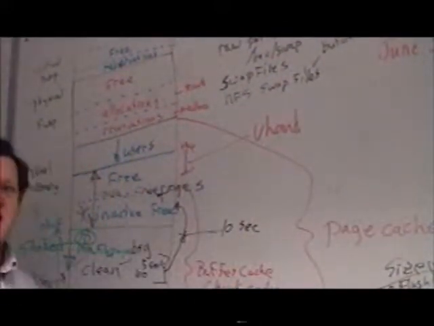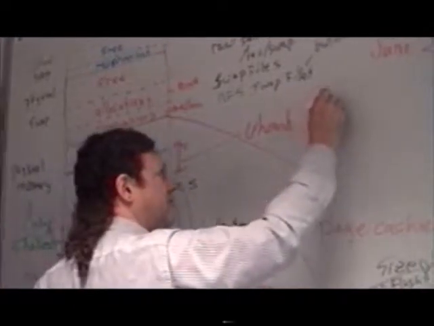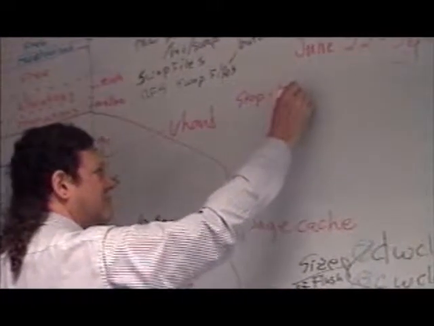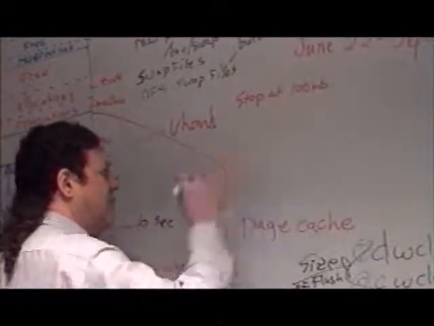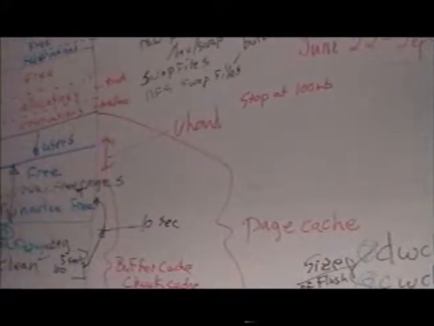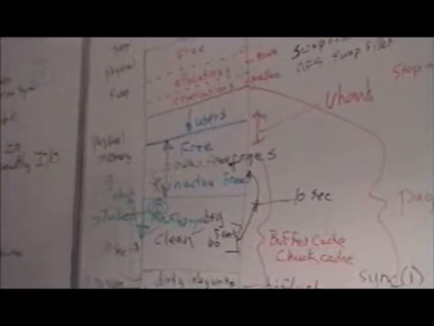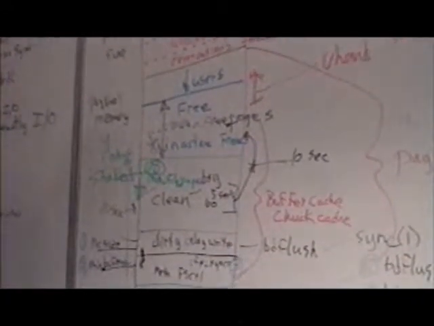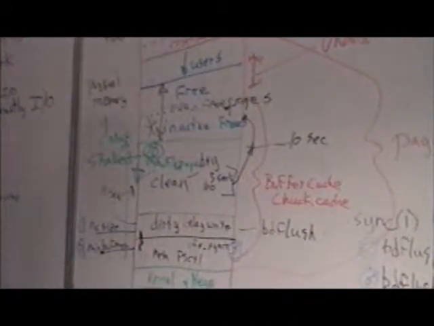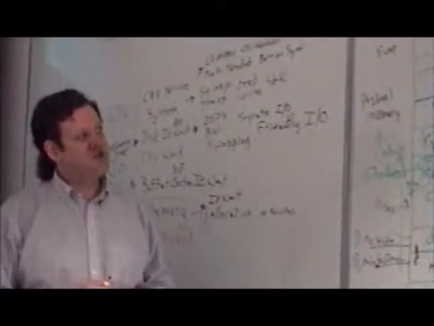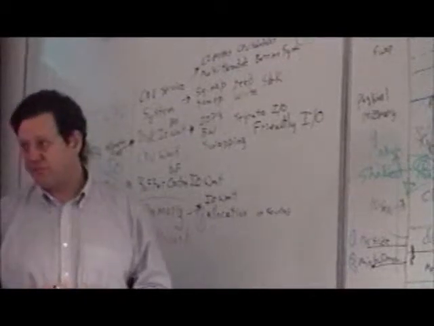Now VHAND will stop at 100 megabyte. It will not try to recover more than 100 megabyte of memory. But if I've loaded up my system and I keep allocating pages, VHAND is going to have to start stealing those pages and pushing them out to swap. So VHAND is what's turning the memory shortage problem into an I/O problem.